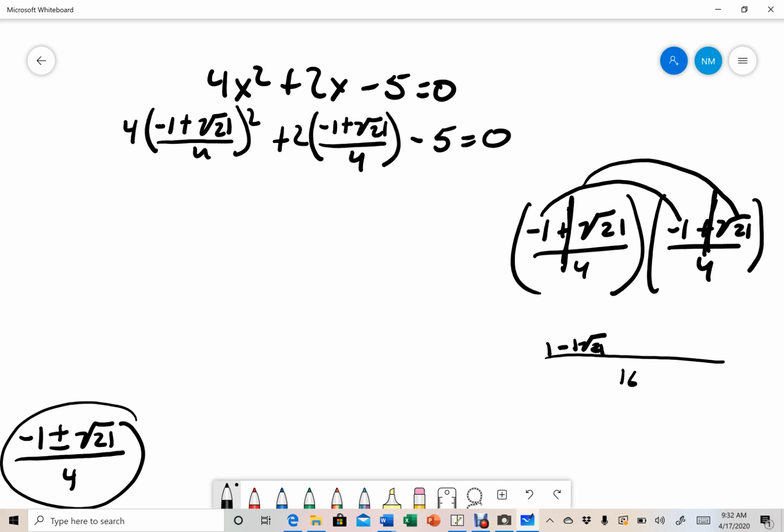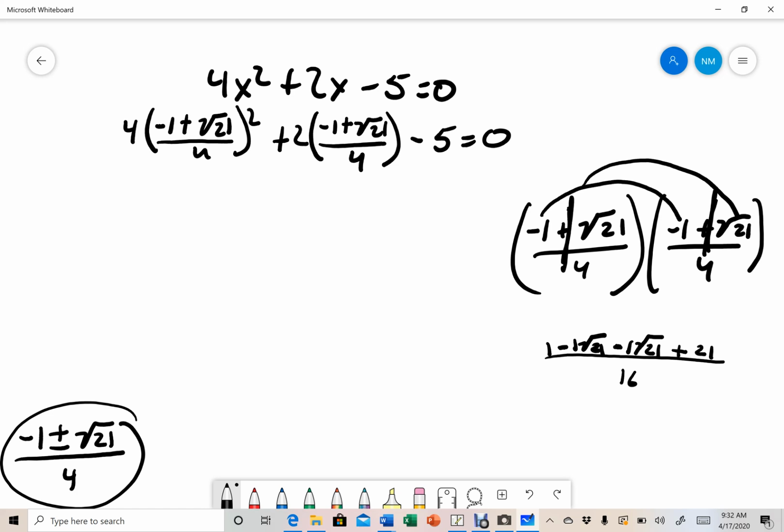So negative 1 times a positive square root of 21 is a negative 1 and the square root of 21. And then square root of 21 times the square root of 21, that removes the radical sign and makes it 21. Okay, so whenever you multiply a radical by the same radical, remember it just drops the radical sign.